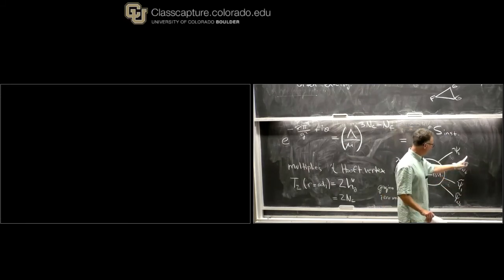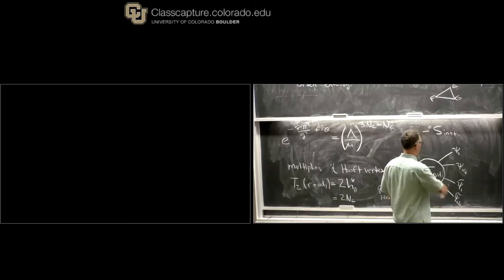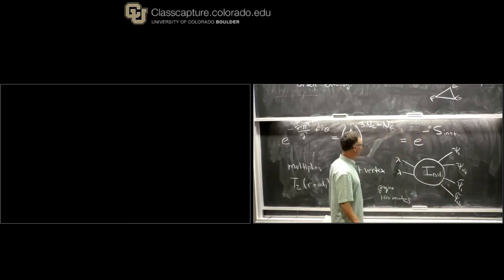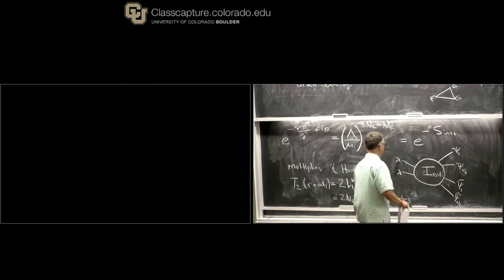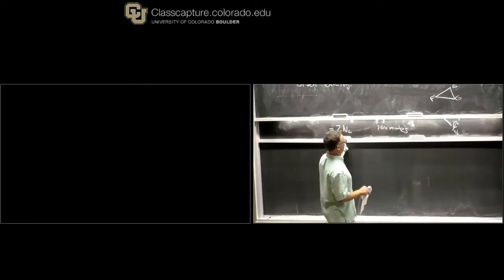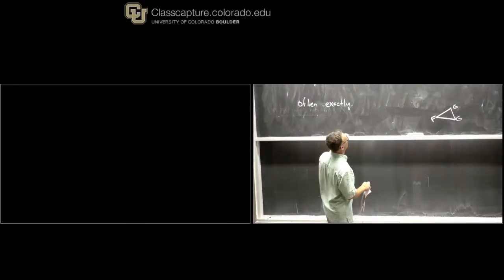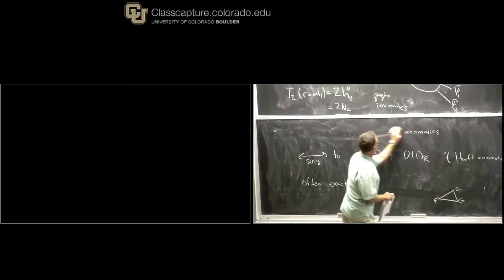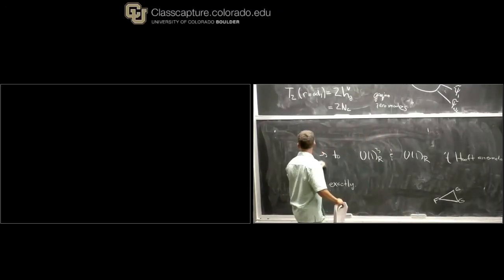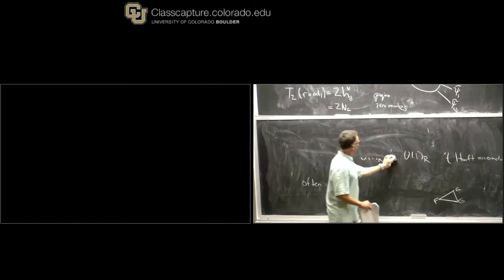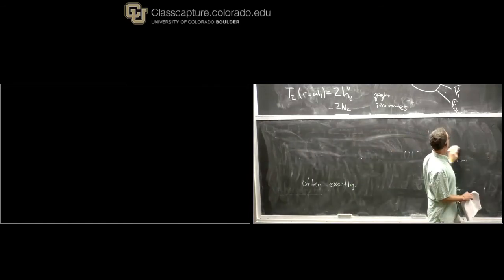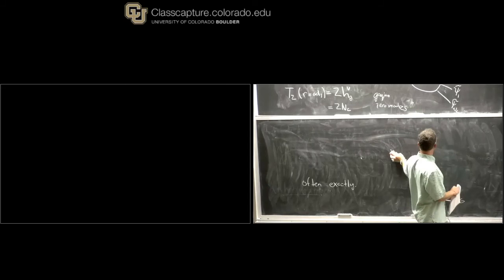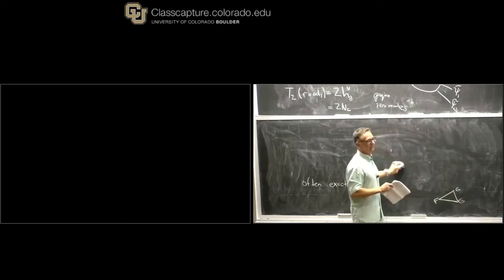And so since there are 2NF of them and we're going to give them all the same R charge because we want the R symmetry to commute with the flavor symmetries, we want to assign R charge minus NC over NF to each of them.